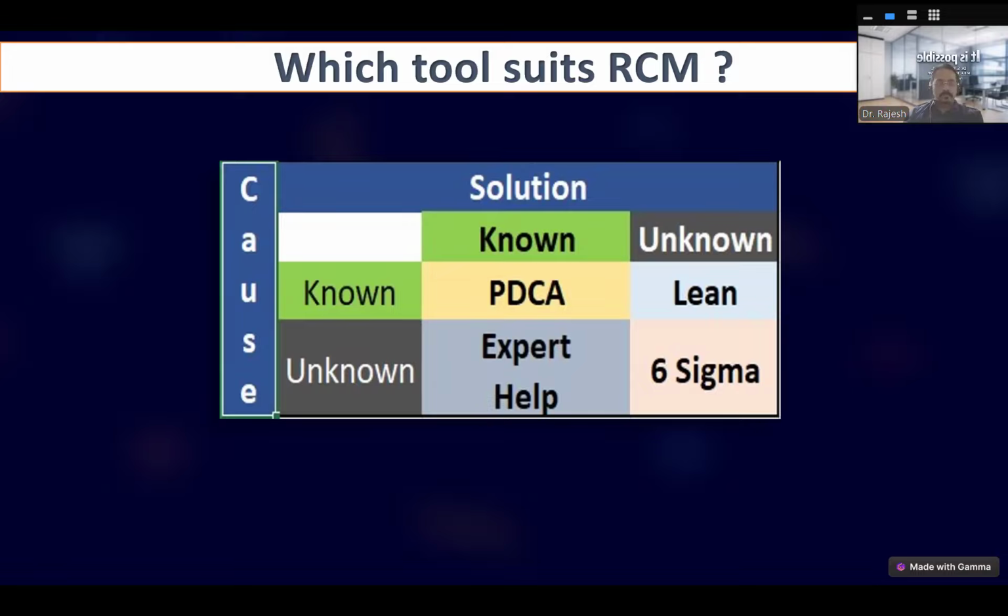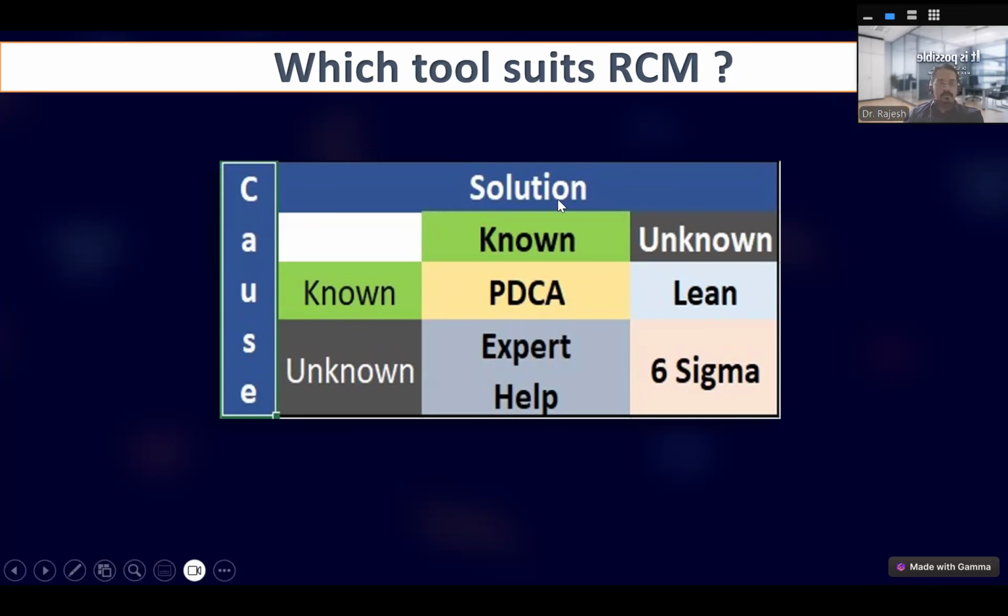For example, the front desk people, the registration people, didn't check it correctly. That is my cause, right? And what is my solution? Do I know the solution for that? Yes, we have to check the eligibility correctly prior to the services. When the registration is happening, you have to check the eligibility to solve the problem. So you know the cause and you know the solution.